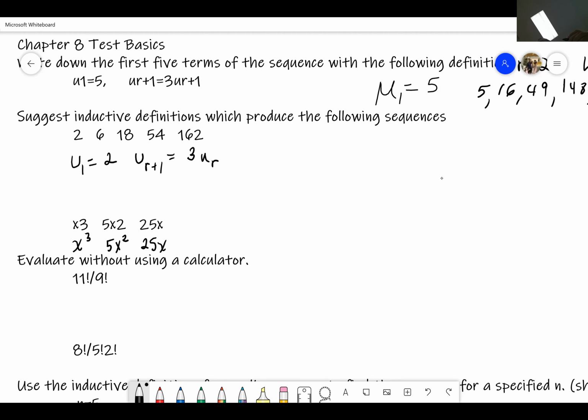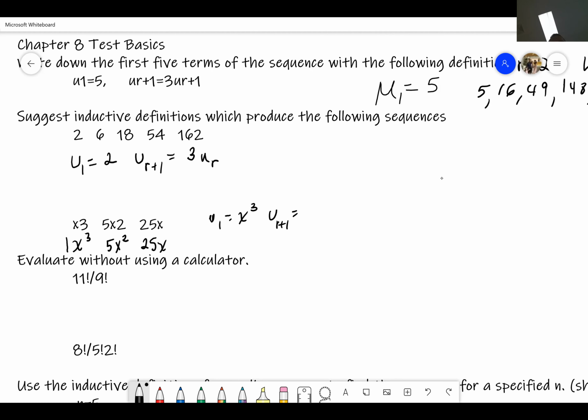All right, so let's go. What's the first term? u of 1 equals x to the third. Now, u of r plus 1 equals, well, let's see what's happening. We're dividing by x, and not only x, we're multiplying by 5. Notice that 1 times 5 is 5.